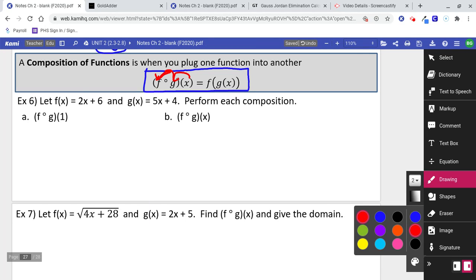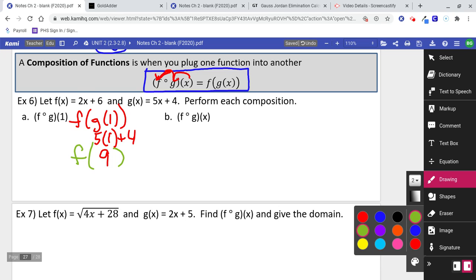Okay, so part A says f of g of 1. Work it backwards. You put 1 into the g function. So you'd have 5 times 1 plus 4. That's 5 plus 4, that's 9. So g of 1 is 9. And now we're going to have to take f of that result. f of 9.